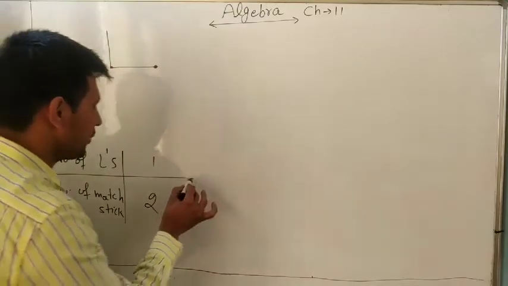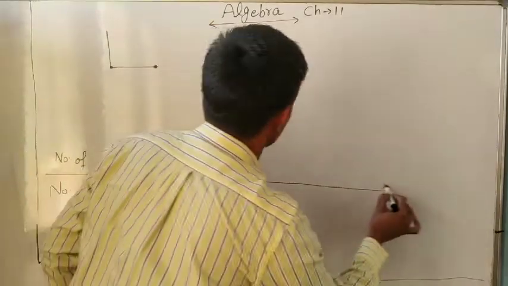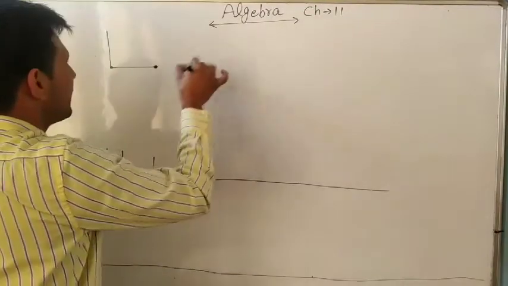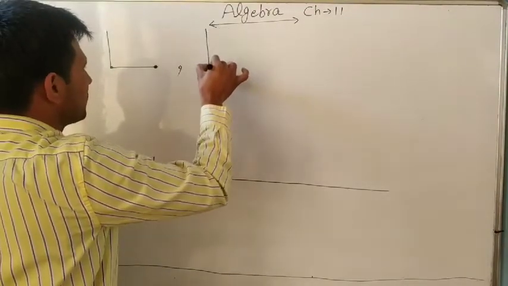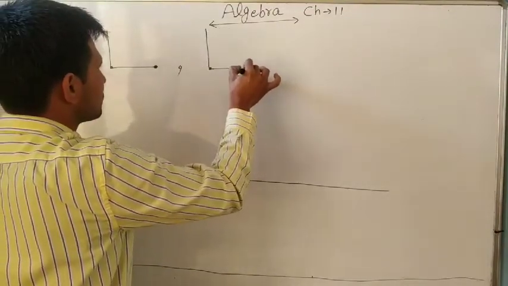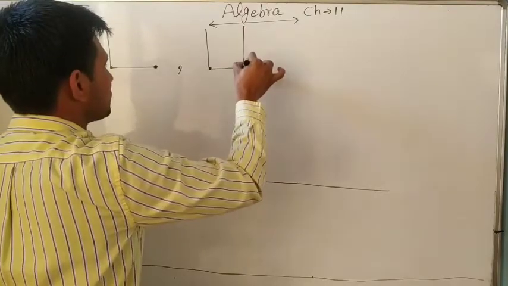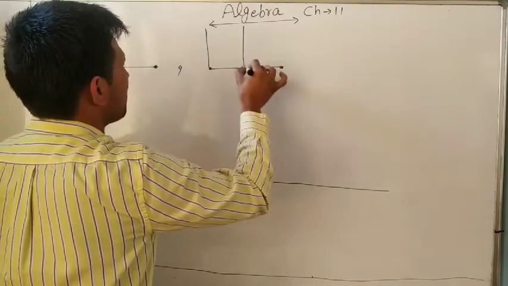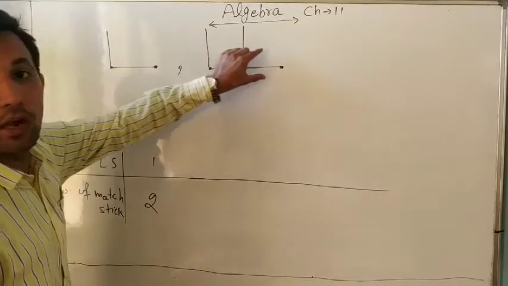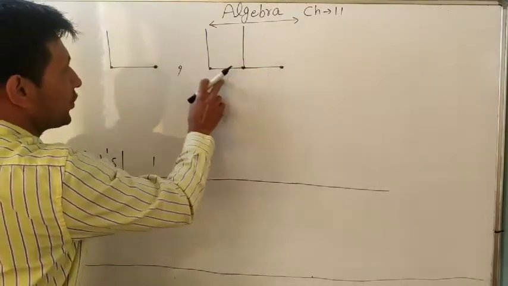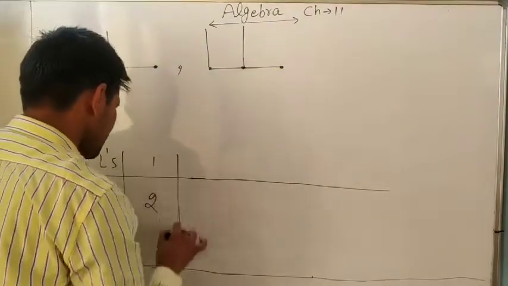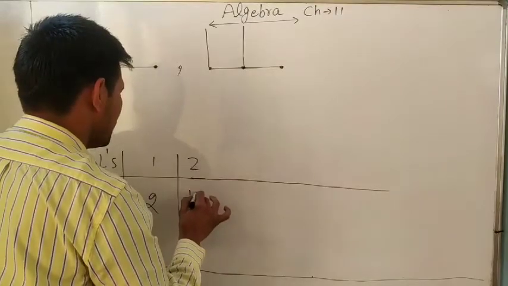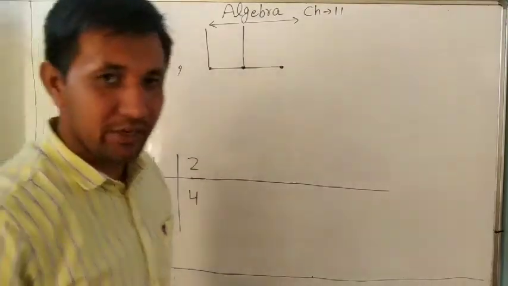We need 2 matchsticks. Understand? Same as that, if I make 2 L's, 1 L and 2 L's, how many matchsticks are needed? 1, 2, 3, 4. If we want to make 2 L's, we need 4 matchsticks.